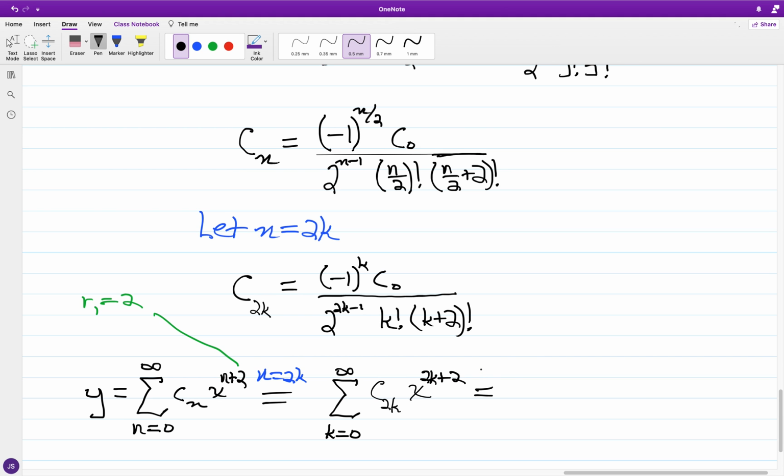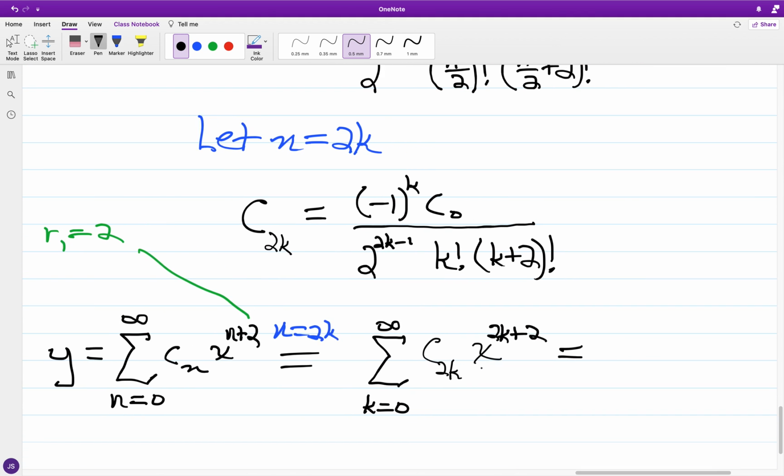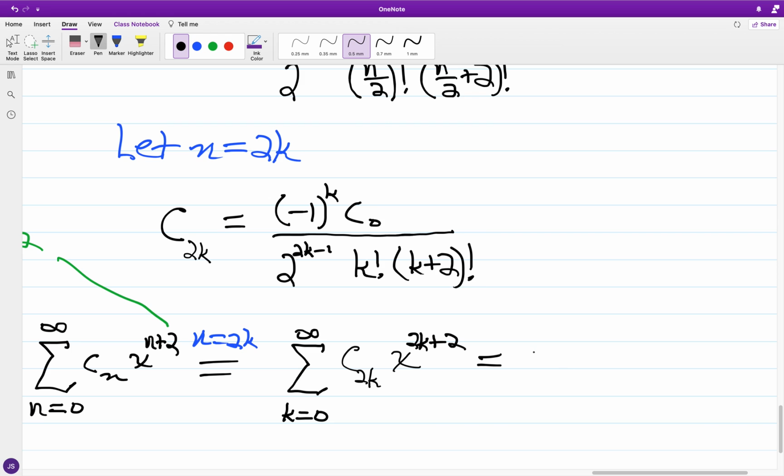And if I draw out what I have in the constant, C naught, okay, so C naught times the summation, so you have k going from 0 to infinity, and it's going to have -1 to the k. And right now I'm going to switch the order.